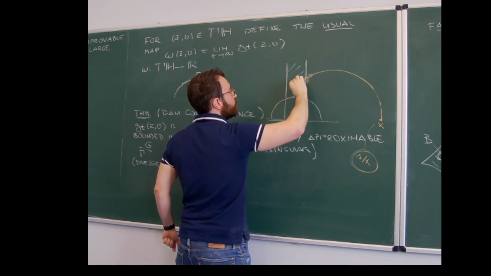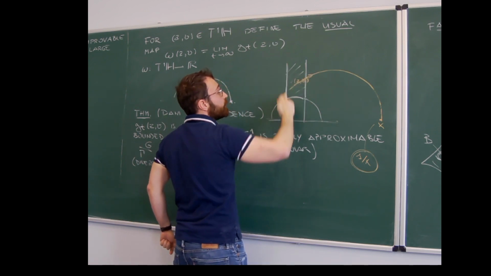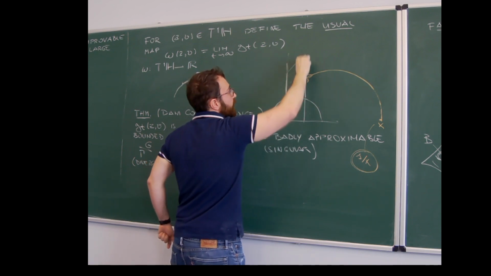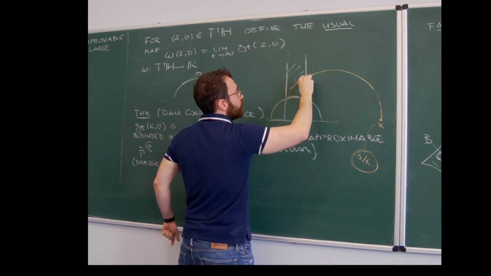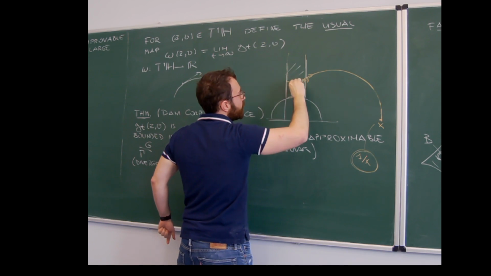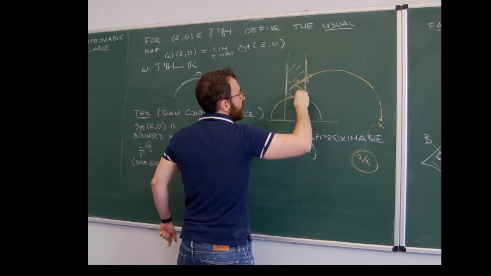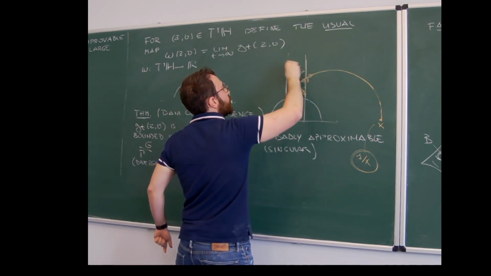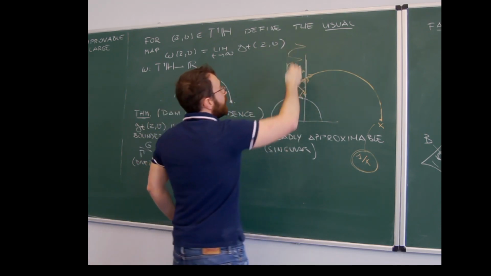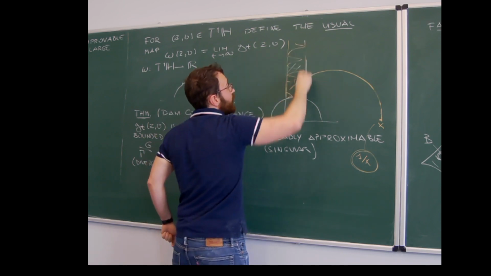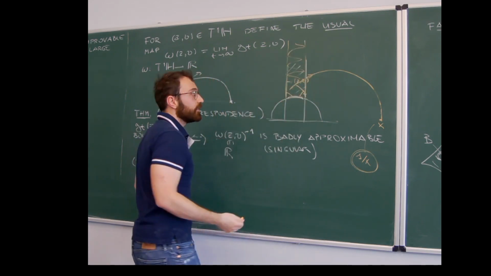What does this orbit do? It follows geodesics, but it's confined to stay here. So it might do this, then it reappears here and goes down, then it reappears here, and so on. So it will follow some trajectory, and what's the only way to stay bounded here?